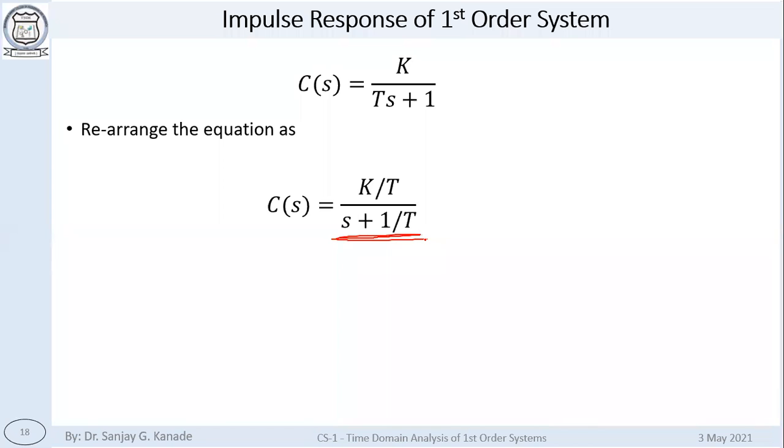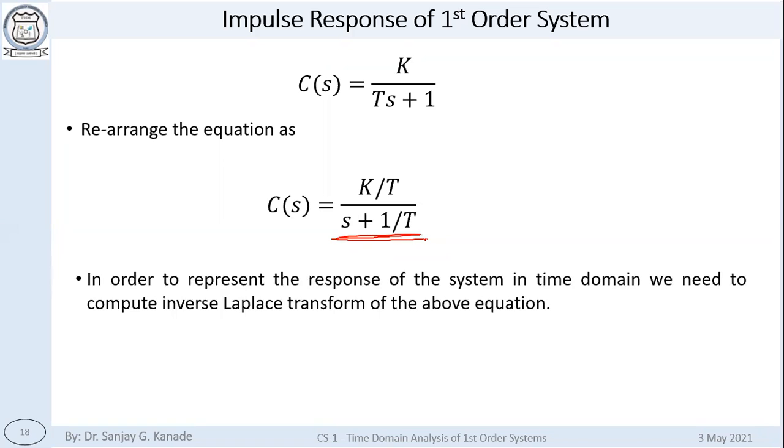We have a pair for 1 upon S plus A. If C is any constant, the inverse of C upon S plus A is C e raised to minus AT. This is a standard Laplace transform pair.